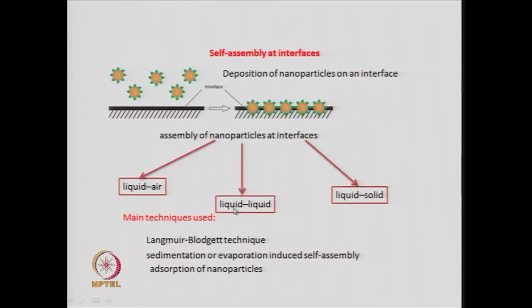Then you can have 2 different liquids and the interface between them. This is possible when the 2 liquids coexist, that means they do not dissolve in each other, for example water and oil. Water and oil do not mix. So when you have a layer of water and a layer of oil, you will have an interface, and at that liquid liquid interface you can have assembly of particles.